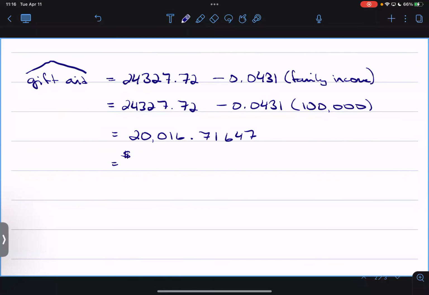If I round to 2 decimal places, I get money: $20,016.72 is the predicted amount of gift aid for a student whose family income is $100,000 per year.